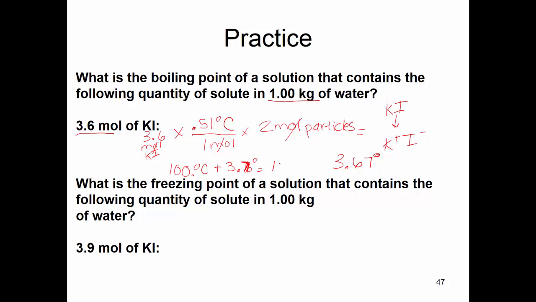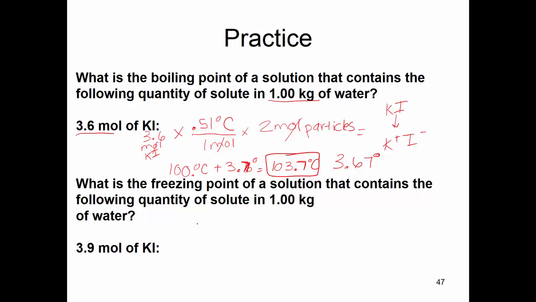And so our answer is 103.7 degrees C. The answer you get here is how much the temperature goes up. We know that the boiling point of just water is 100, so if we add 3.6 moles of potassium iodide to it, now the temperature is going to go up to 103.7 degrees.